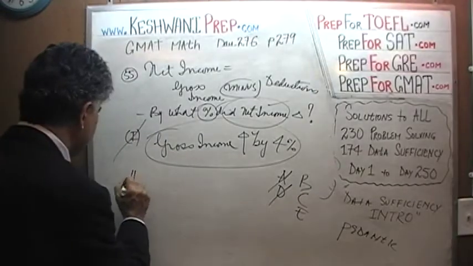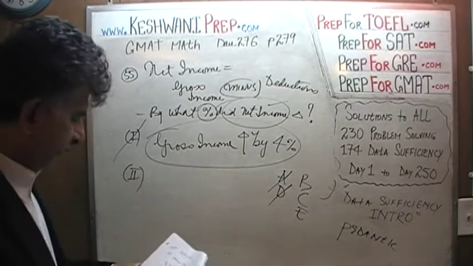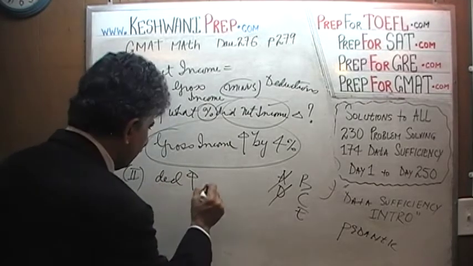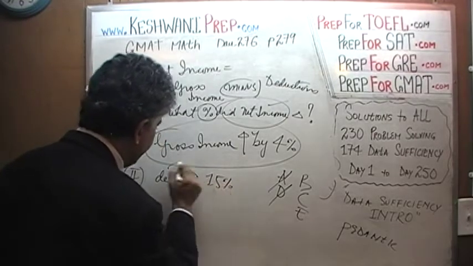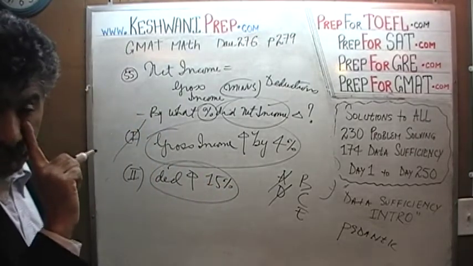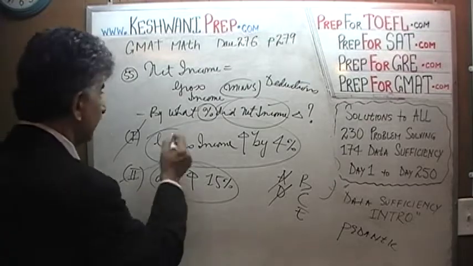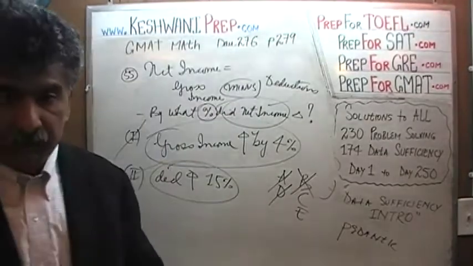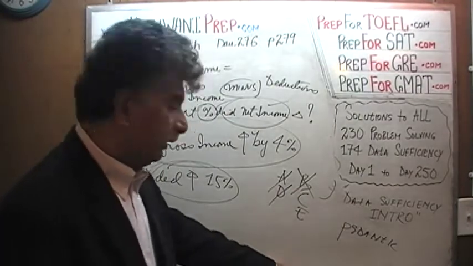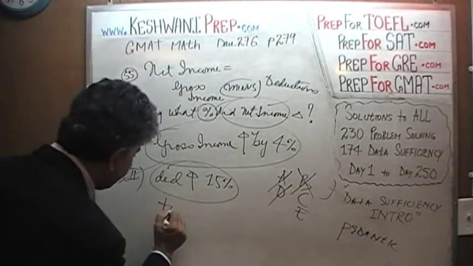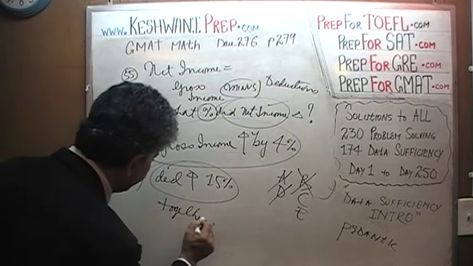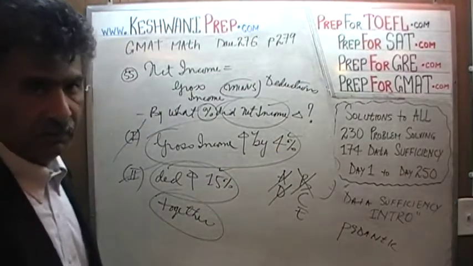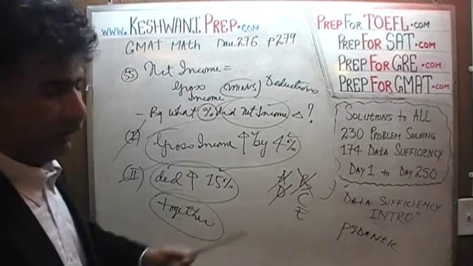Let's look at the second statement. The second statement tells us that the deduction has gone up by 15%. Again, this is silly. Knowing the deductions have gone up by 15% is not going to tell us how much the net income is going up. The answer cannot be D. And even if we put the 2 statements together, knowing that one has gone up by 4%, the other one has gone up by 15%, that doesn't tell us what the change in net income is.